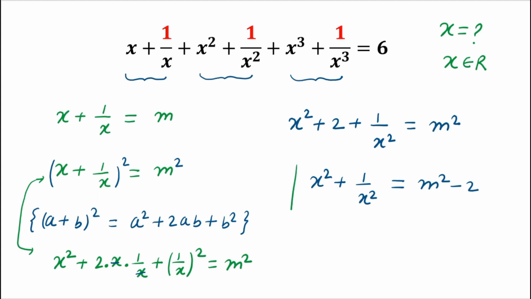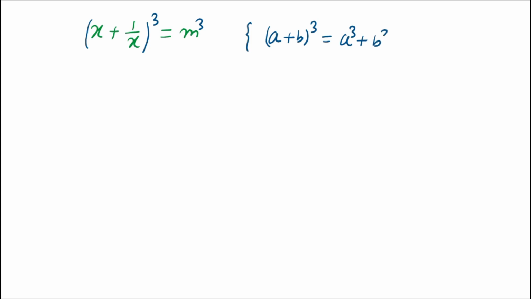Now we find the value of the expression x cube plus 1 over x cube in terms of m. Here we have x plus 1 over x equal to m. Now if we take power 3 on both sides, on the left hand side we will apply a plus b whole power 3, which is equal to a cube plus b cube plus 3 times ab times a plus b.